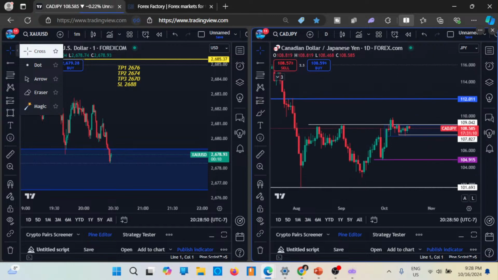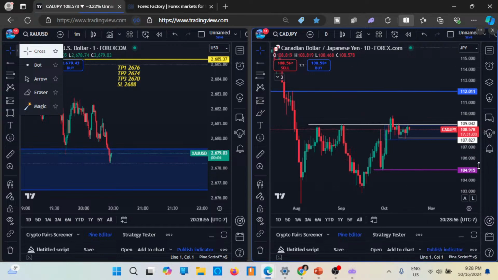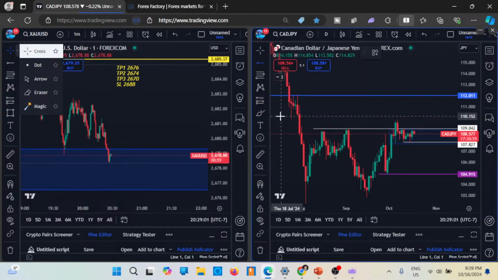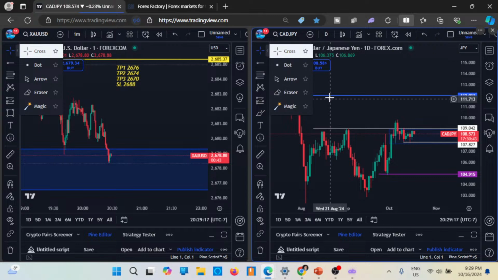So that is it for this pair. We know we are in a downtrend, so since we're in this downtrend, it means we need to look to sell. The best area to sell is around the previous lower high. Both the previous lower high and the low of that previous lower high become your resistance.